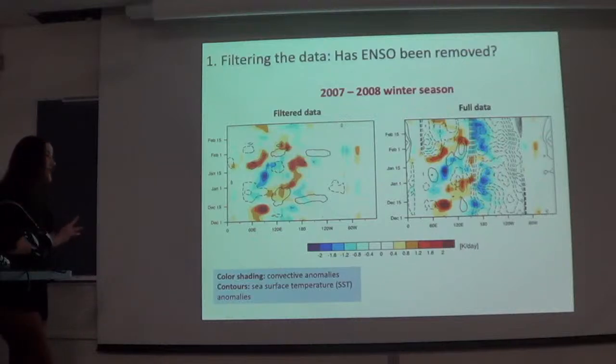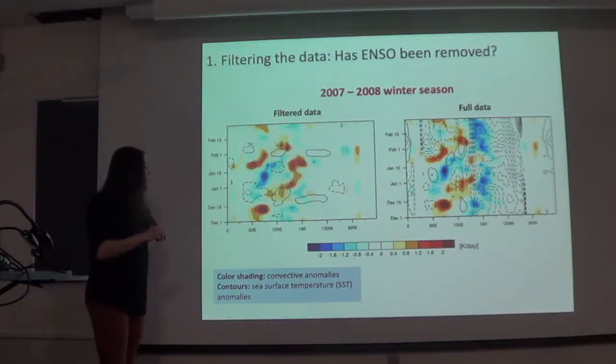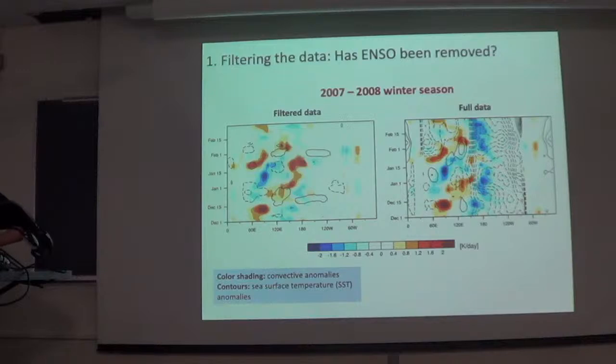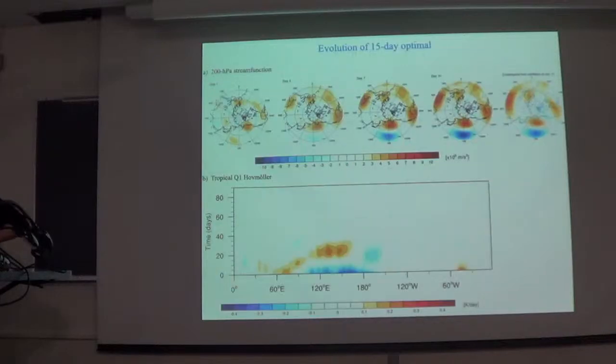So what we do then is create a whole new LIM using just this filtered data set, and we ask the same question: let's grow a PNA pattern. And this is the only plot I'm going to show from this: here is the evolution of the upper level stream function. You see that anticyclonic anomaly.